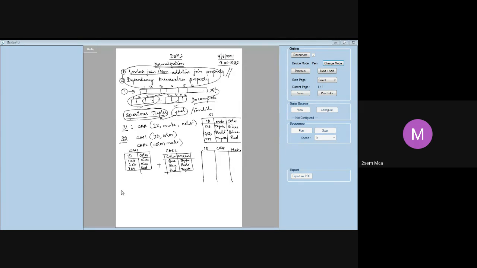So if I try to perform a join on this, what all tuples will I get? First I will get 123 blue Toyota. That is my first tuple. I am joining them based on color because color is the common attribute. Next I will get 123 blue Audi. Next, I will get 456.